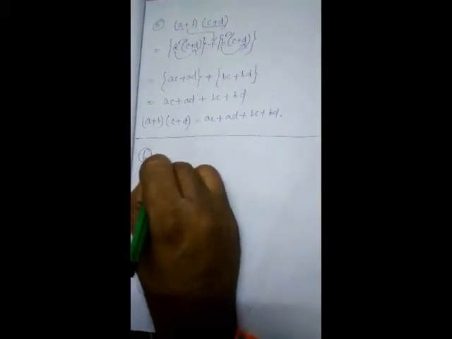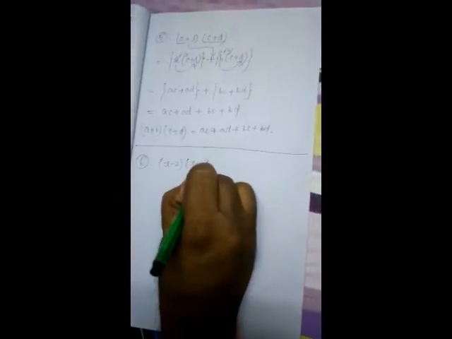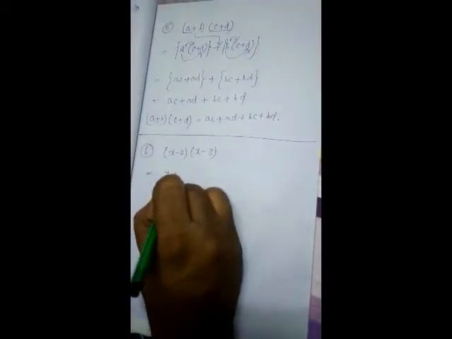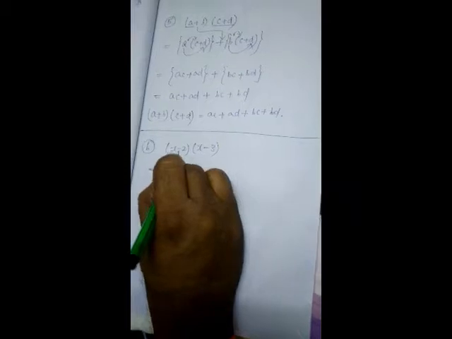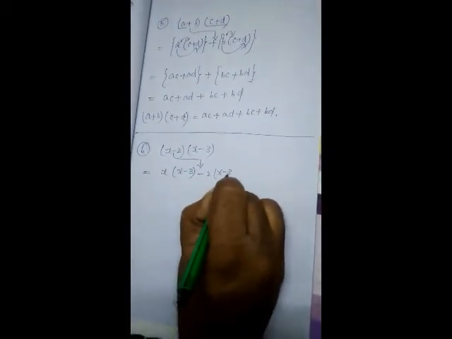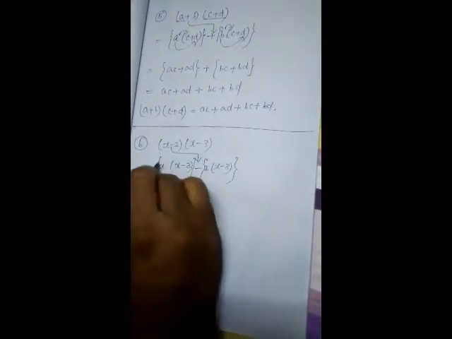One more. X minus 2 into X minus 3. Find the product of two binomials. This is equal to X of X minus 3 minus 2 of X minus 3. Definitely we have to keep curly brackets.